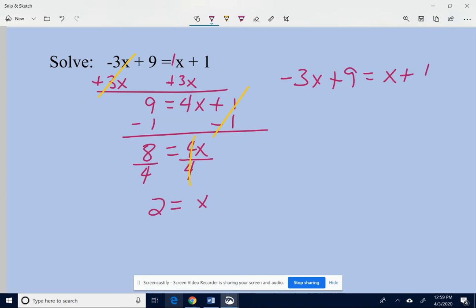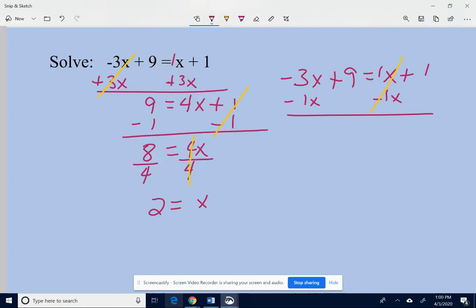So let's say I wanted to get rid of the x instead of the negative 3x. The x is being added, so I need to subtract 1x. Remember, that's really 1x. If I'm going to subtract 1x, that goes out on the right.